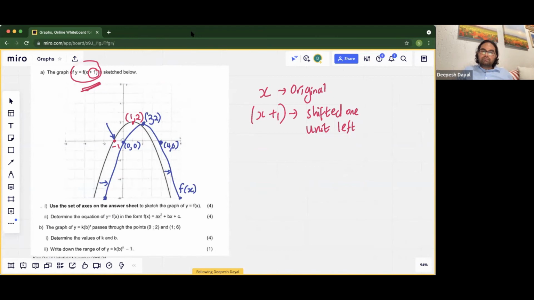Is it not y = ax² + q? Okay, but you see that the turning point has shifted right. So we have to put in something there. We have to say a(x − p)² + q.